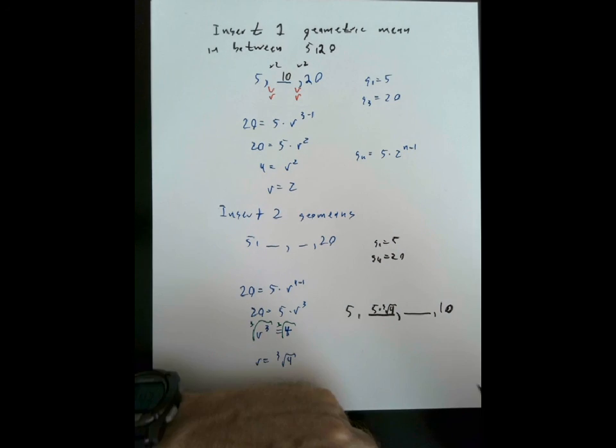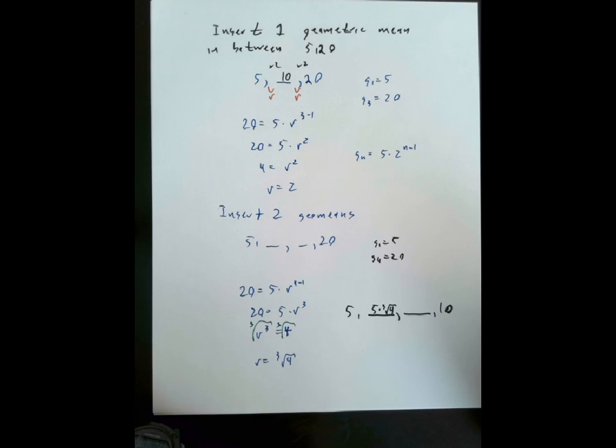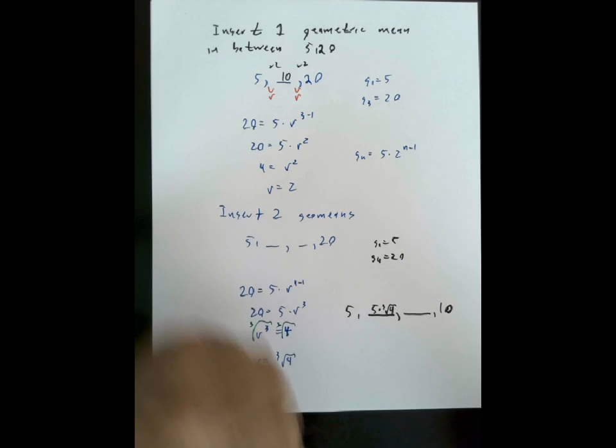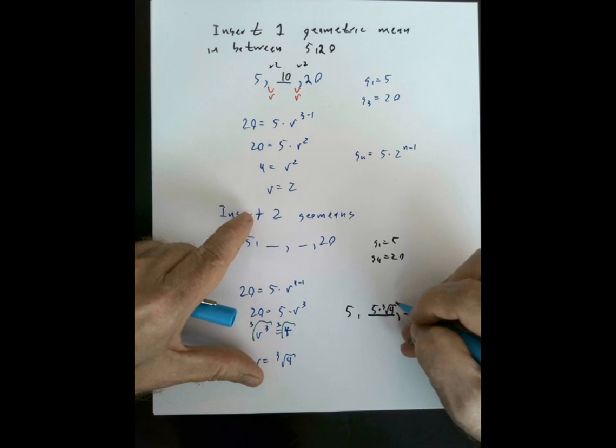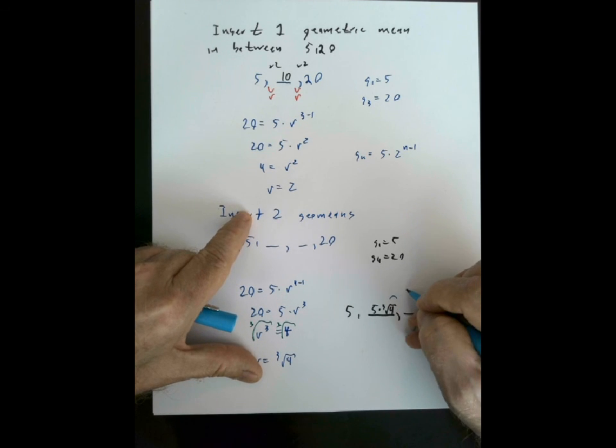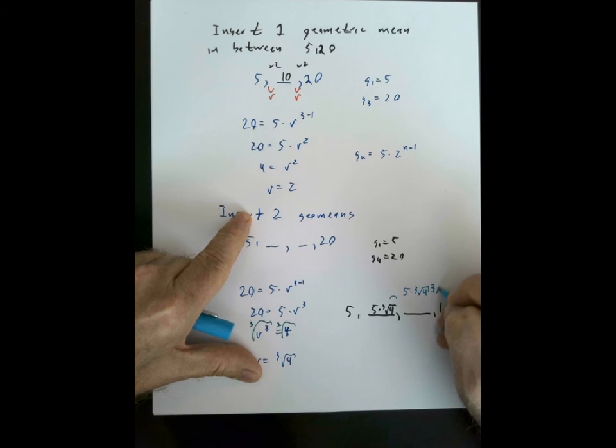So that would be, let me make sure I did this right here, 5. Yep, okay. So this is 5, and then this next one would be 5 times the cube root of 4 times the cube root of 4. This is going to work.